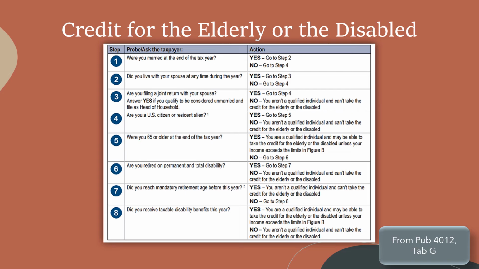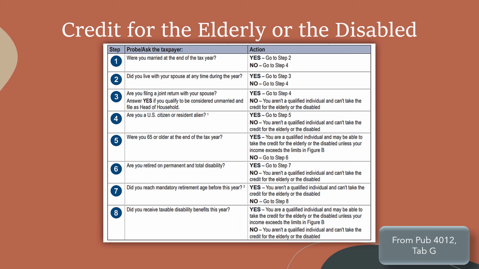And then step 4 is the question, are you a U.S. citizen or resident alien? And checking for age, were you 65 or older? If they were not 65 or older, then were they retired or permanently and totally disabled?